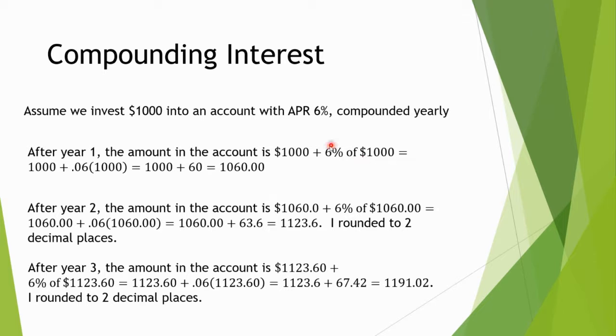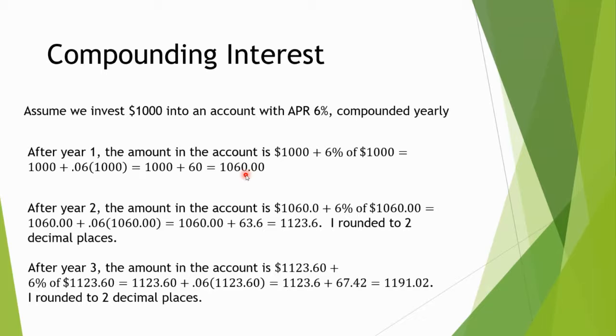This is our interest. So we get $1,000 plus 0.06 times 1,000. When you do 6% of something, you convert it to a decimal and multiply. So we have 1,000 plus 60, and we get $1,060. That's year one.